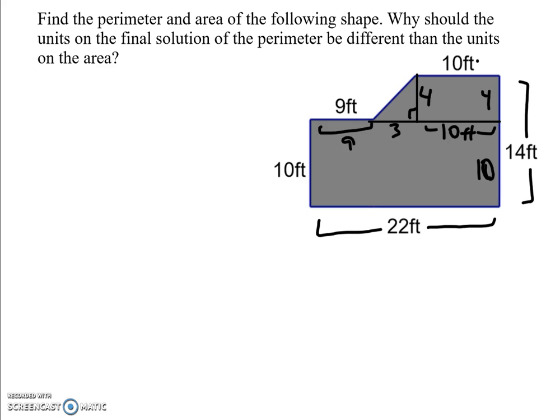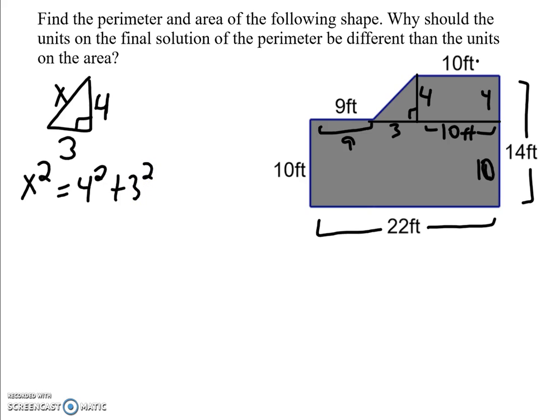And if I think about doing Pythagorean theorem, I have 3, I have 4, this is a right triangle. I can say then that the missing piece, the hypotenuse squared, is equal to the sum of the legs squared. So I get that x squared is 25. So x has to be 5 feet.